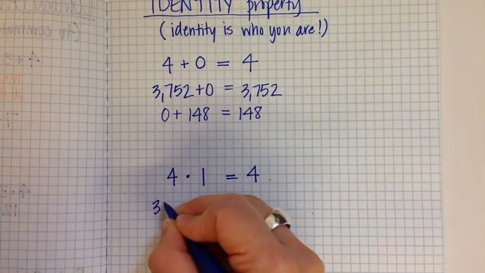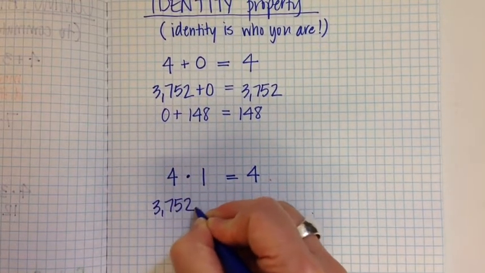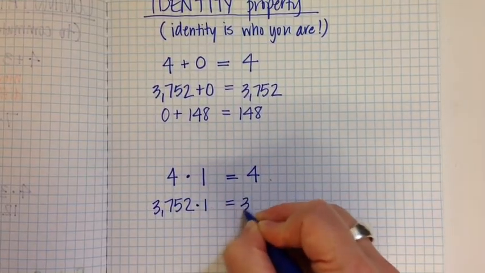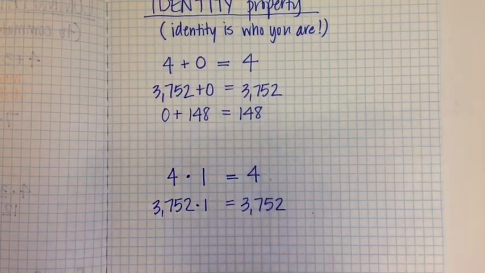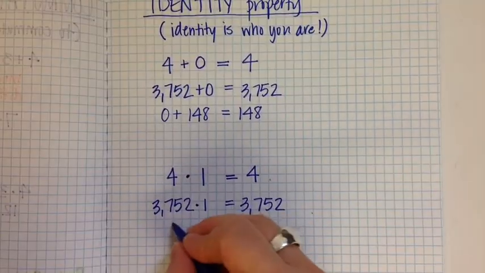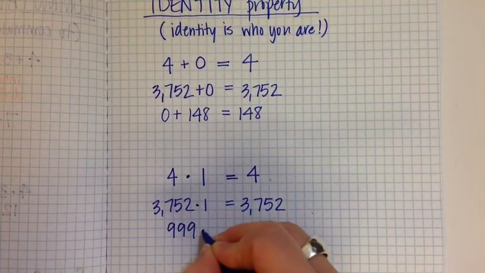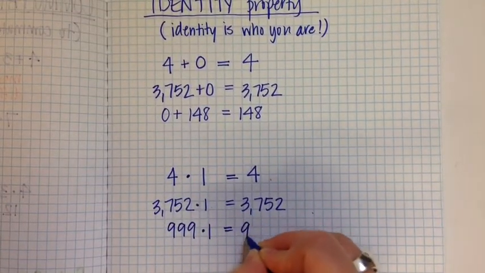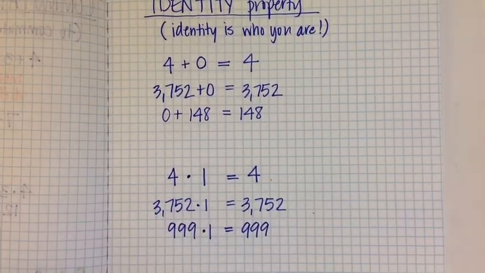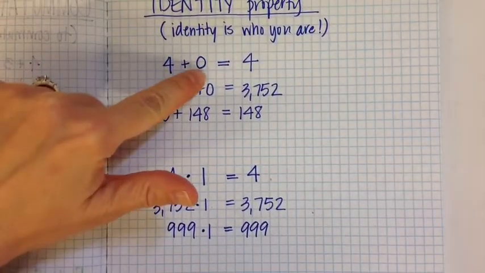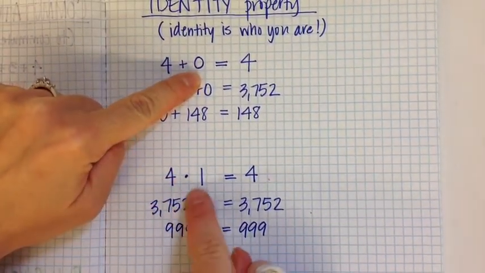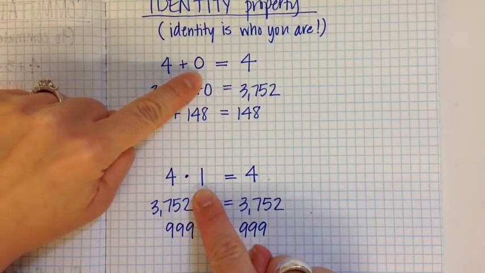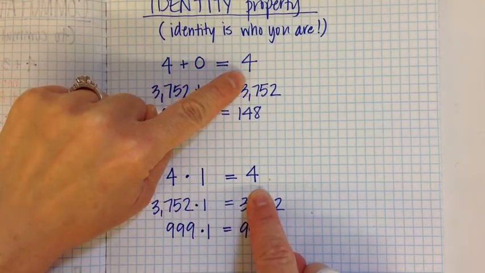So I could do 3,752 times 1 equals 3,752. I could do 999 times 1, and that will equal 999. So the operation of adding 0 or multiplying by 1 doesn't change the identity of the number.